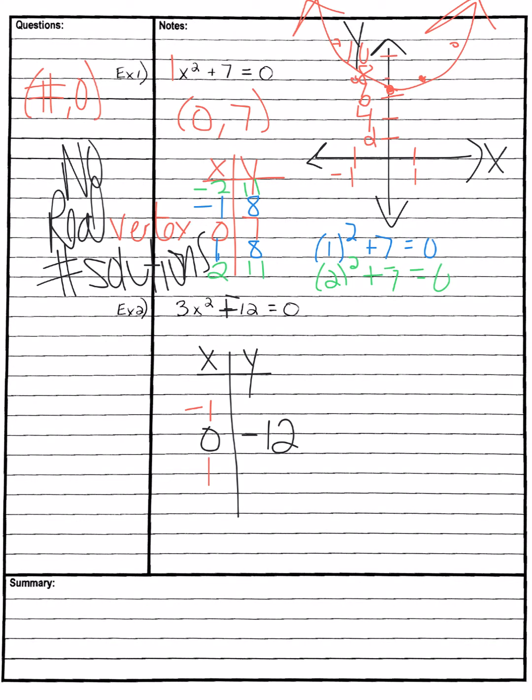I'm going to go ahead and substitute +1 in. So if I had 3, +1 squared plus -12, 1 squared is 1, times 3 plus -12, 3 plus -12 is going to be -9.